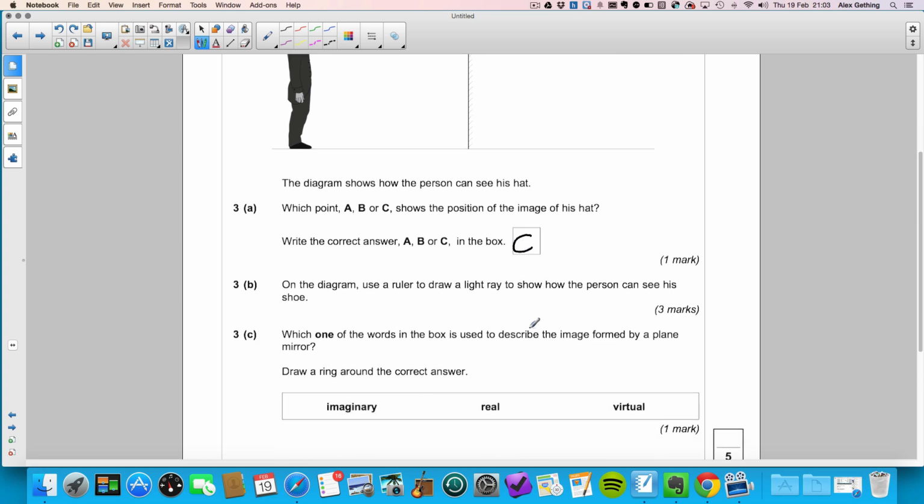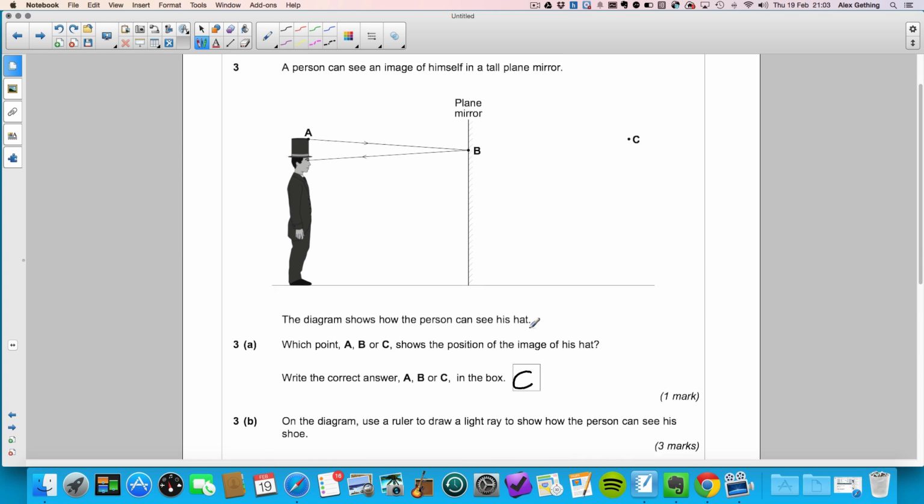On the diagram, use a ruler to draw a light ray to show how the person can see his shoe. Okay, so what I'm going to do is follow what they did with the hat. So they go from the hat to a focal point to the eye. So I'm going to do the same thing from the shoe. Obviously I'm cheating a little bit because I've got a computer which can make these lines nice and straight.